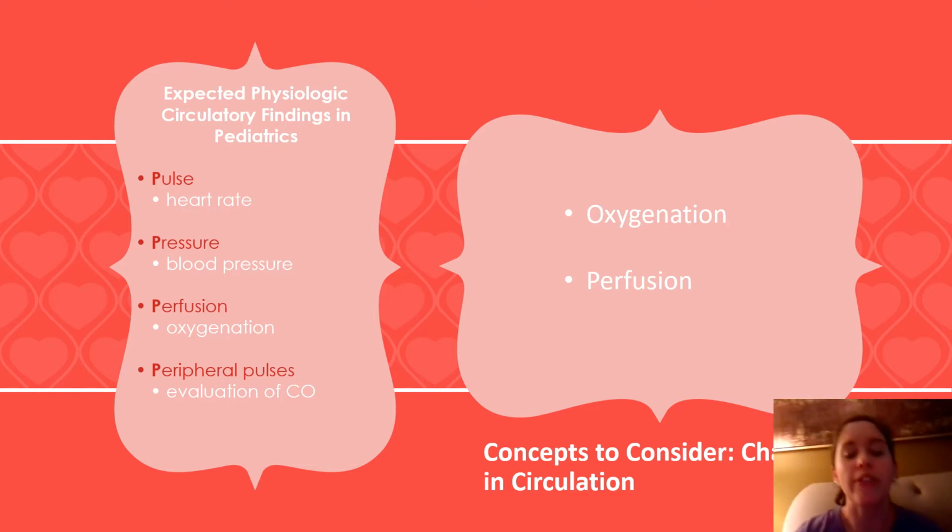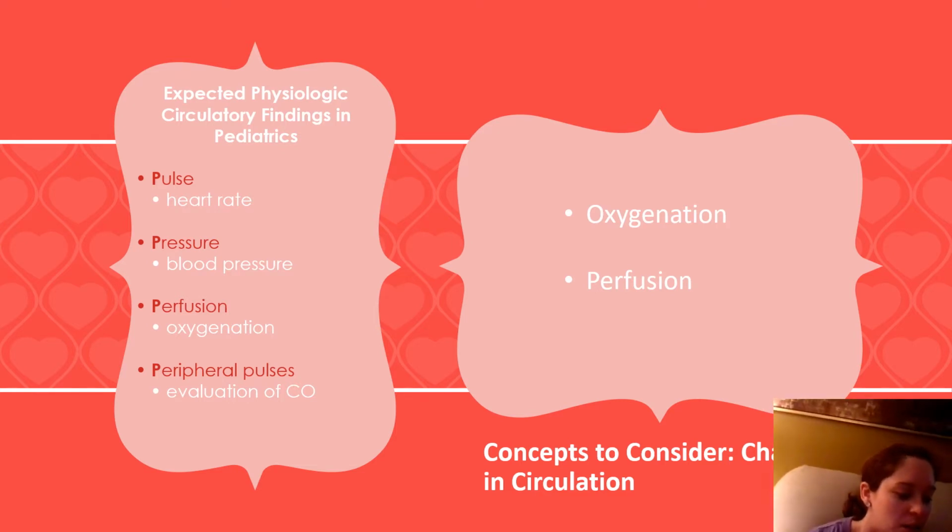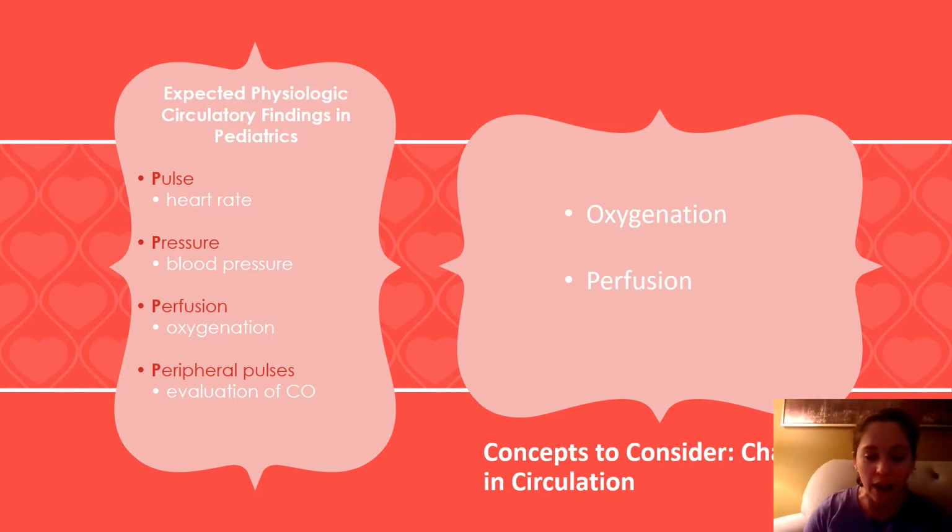So remember, when we're thinking about our pediatric patients compared to our adult patients, they normally do have a higher heart rate and a lower blood pressure. Why is that? We have a higher heart rate because our heart is very efficient and moves blood very quickly, because we have a smaller surface area to work through.